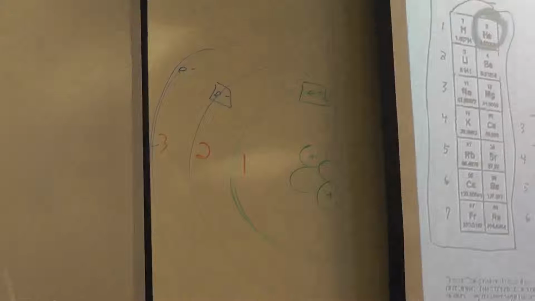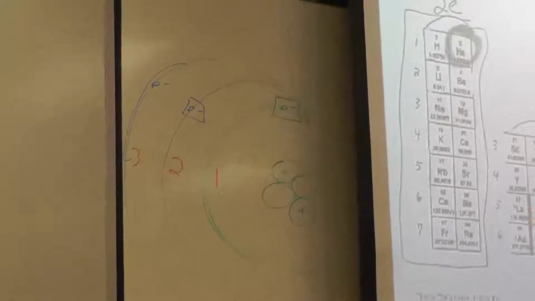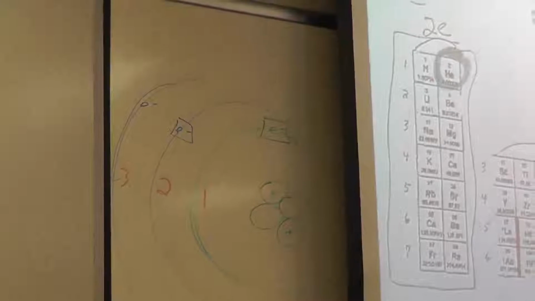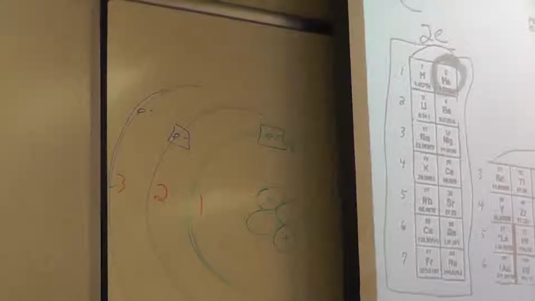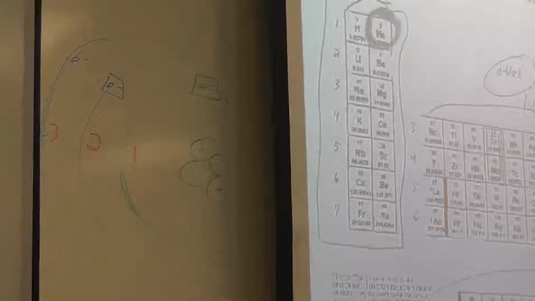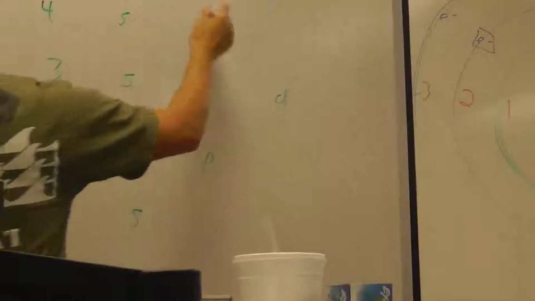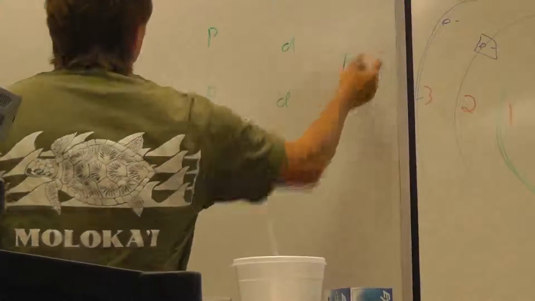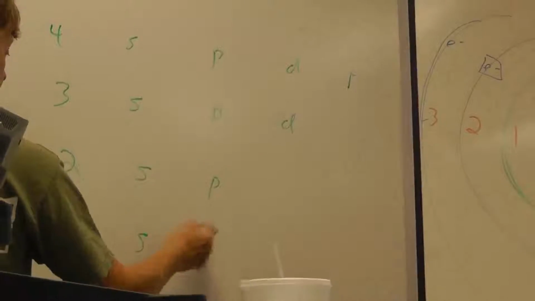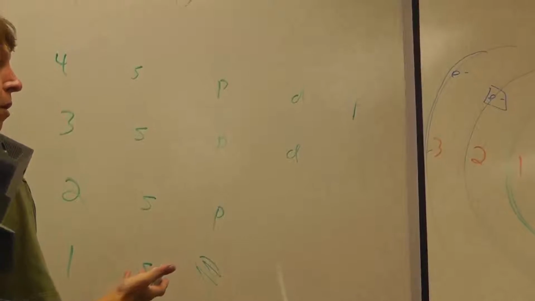All right. Now, going back to this other diagram for just a minute. Energy level 1, S. Energy level 2, S and P. Energy level 3, S, P, and D. Level 1 has 1 part, level 2 has 2 parts, level 3 has 3 parts, etc. There was no such thing as 1P, correct?